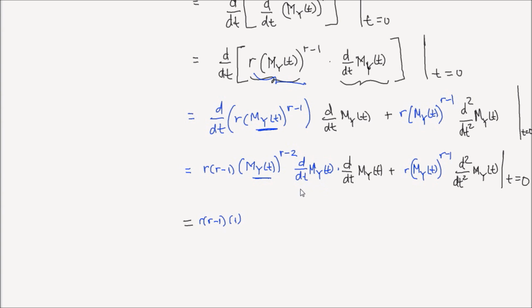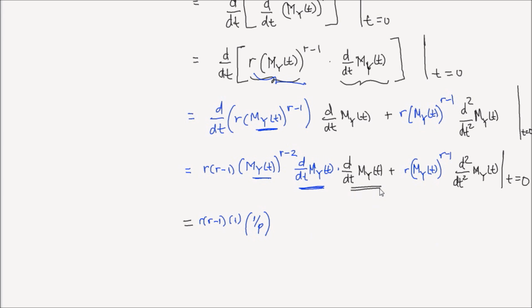If I evaluate this derivative of the mgf of y at t equals 0, that gives me the expectation of y. But y is a geometric random variable, and its expectation is equal to 1 over p. The same thing here.